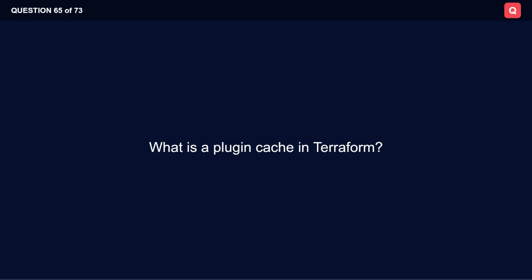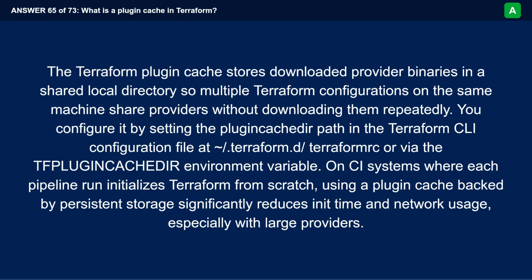What is a plugin cache in Terraform? The Terraform plugin cache stores downloaded provider binaries in a shared local directory, so multiple Terraform configurations on the same machine share providers without downloading them repeatedly.